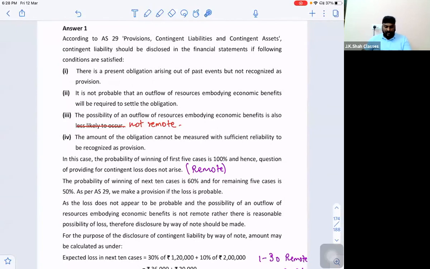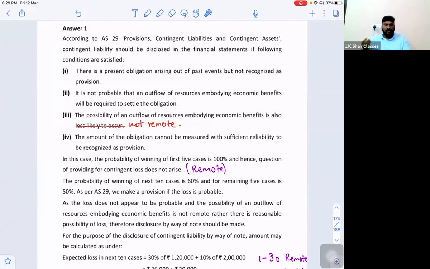Now, in this case, the probability of winning the first 5 cases is 100%, and hence the question of providing for contingent loss does not arise. So it is remote, you have to ignore it. Then the probability of winning the next 10 cases is 60%, and for the remaining 5 cases is 50%. So as per AS 29, we make a provision if the loss is probable.